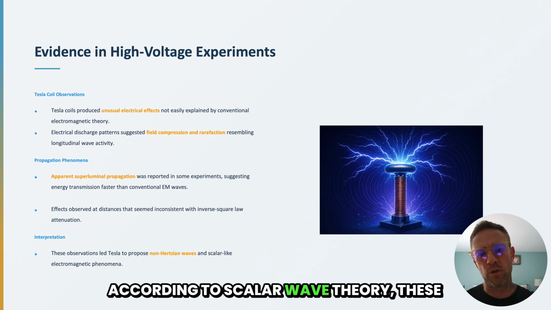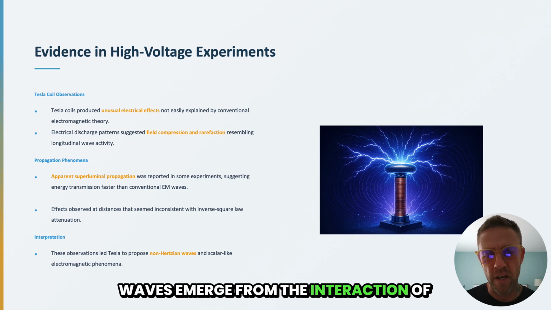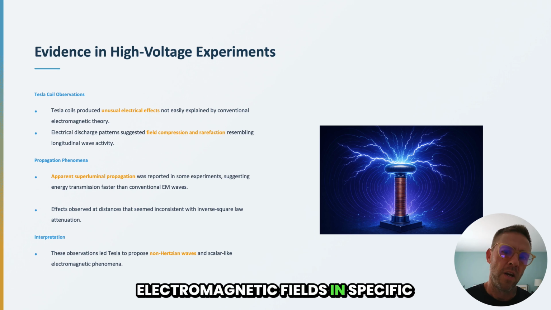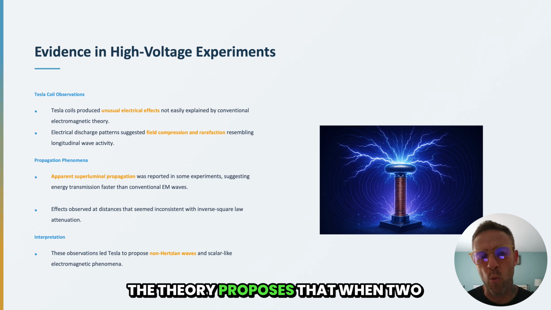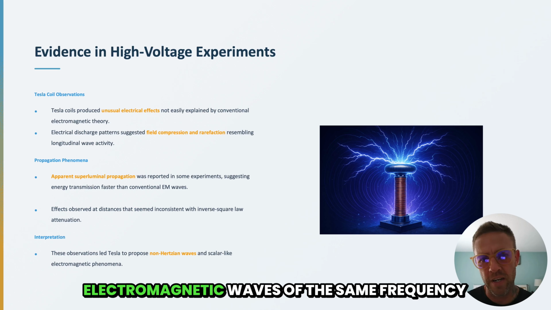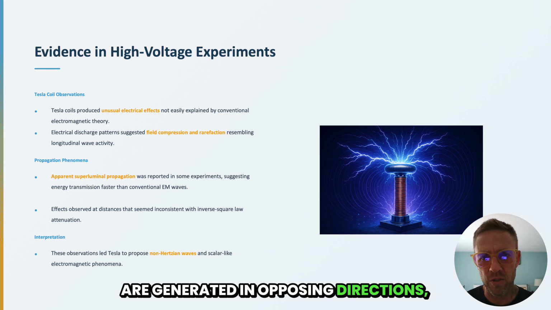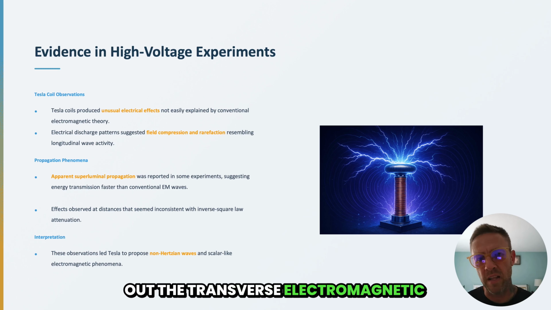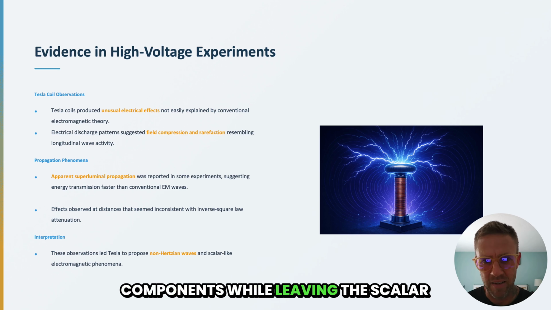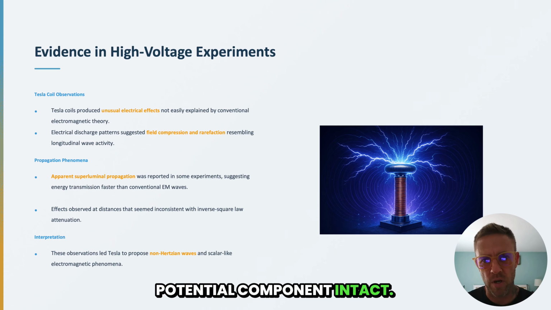According to scalar wave theory, these waves emerge from the interaction of electromagnetic fields in specific configurations. The theory proposes that when two electromagnetic waves of the same frequency are generated in opposing directions, they can interfere in a way that cancels out the transverse electromagnetic components while leaving the scalar potential component intact.